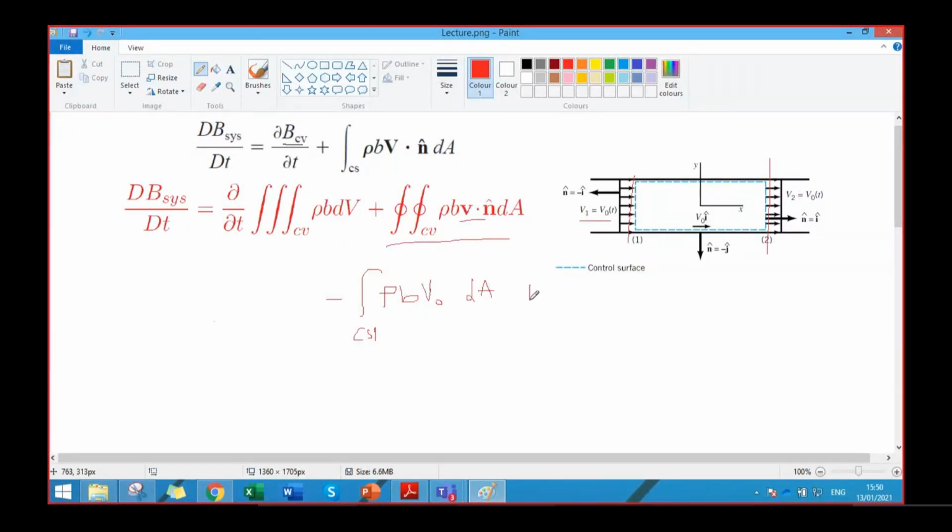And if I write the second term at the control surface 2, here V is in the i direction, right? And the area vector and i are parallel. So V dot n is positive, right? So it is outflow. So the second term is rho b V naught A. So what will happen? These two terms will cancel out, right?